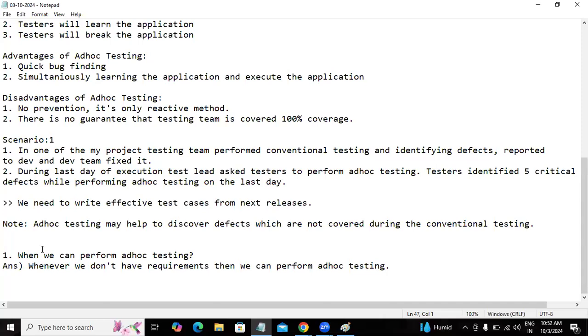I'm giving one example. Do you have any knowledge of insurance applications? No, sir. For suppose if I ask you to perform Adhoc testing on an insurance application, what are you going to do?